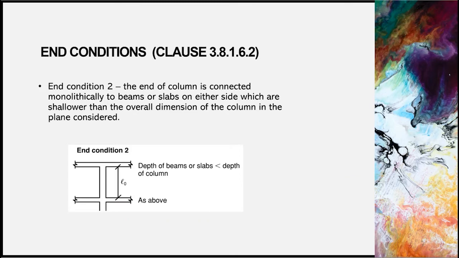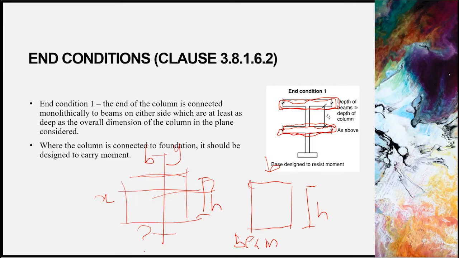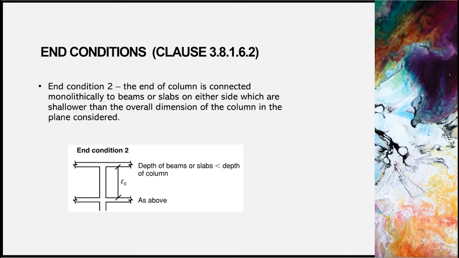Okay, but end condition number 2, if the end of column is connected monolithically. Monolithic ni, kat sini ada kata monolithic, I tak explain. Monolithic ni maksudnya dia menjadi satu, as in dia very rigid lah.